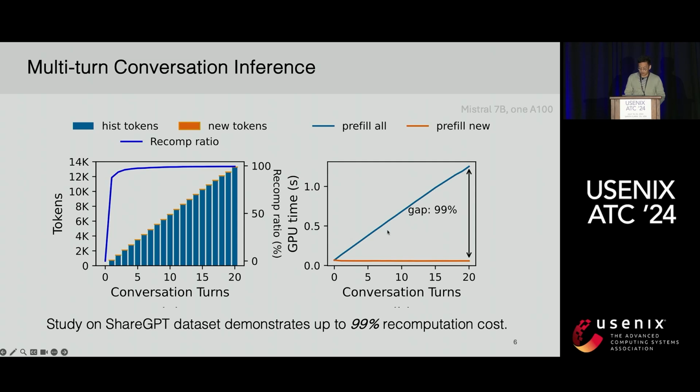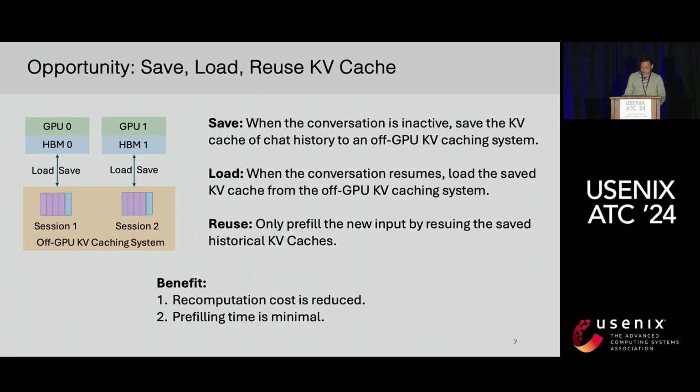And for the GPU time, we can see more than 99% of GPU time is paid for the recomputation. So our opportunity is to save, load, and reuse the KV cache by using an off-GPU KV caching system.